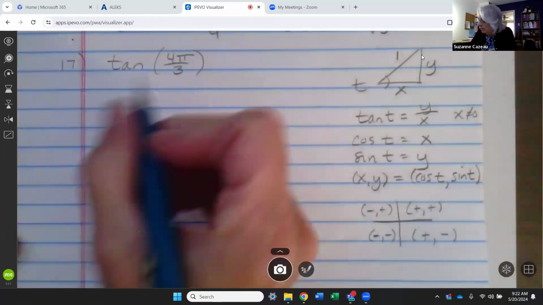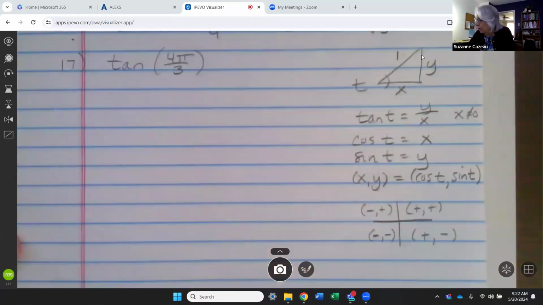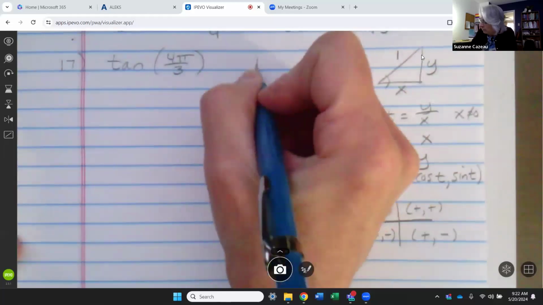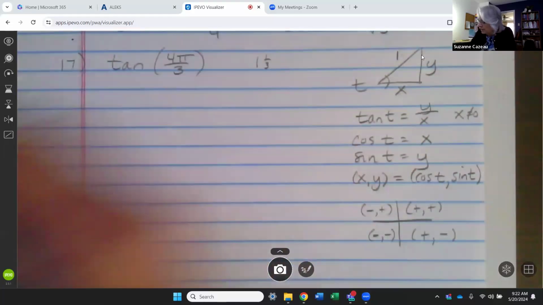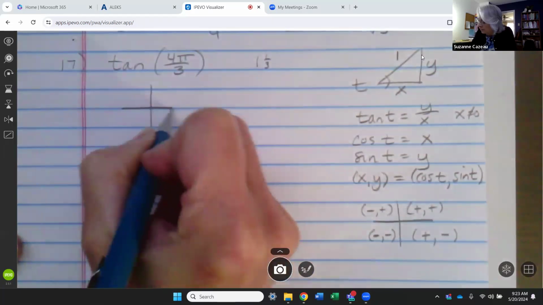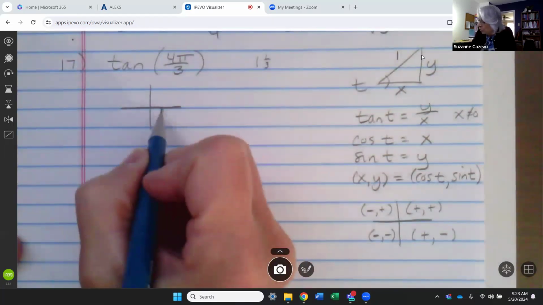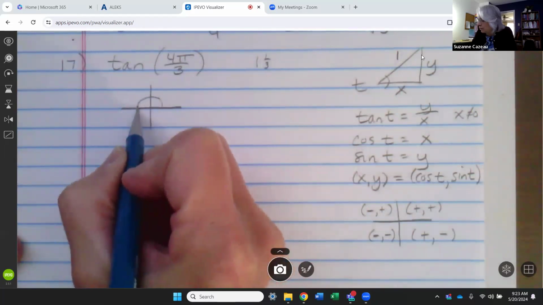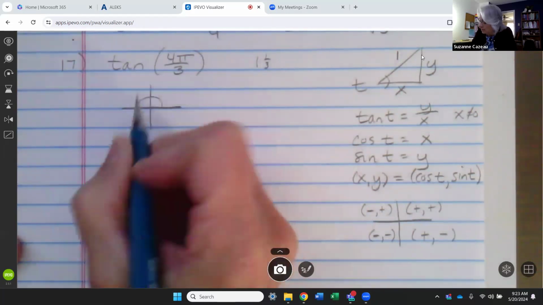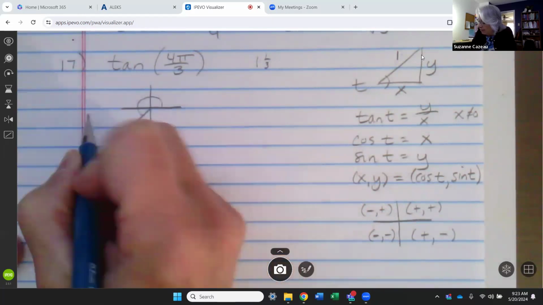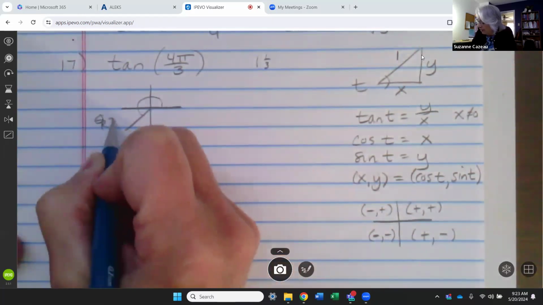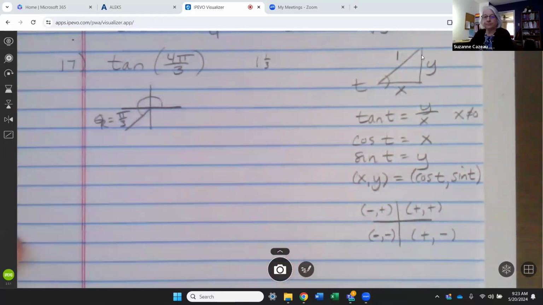Okay, so where was I? Oh, so this is like 1 1/3, right? 1 1/3. So where does that land us? All right, you're going to go around in a positive direction. You're going to go 1 pi, and then you're going to go 1/3 pi. That's going to land you here. So your reference angle is going to be pi over 3 in here.